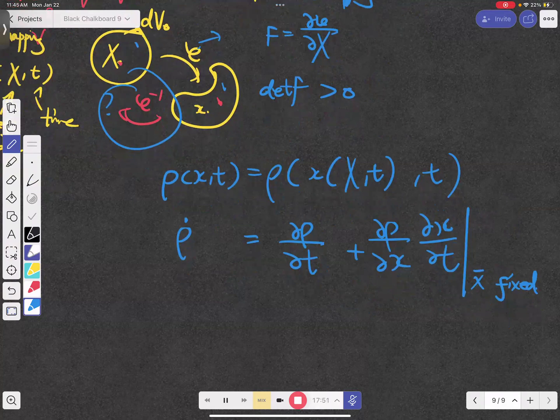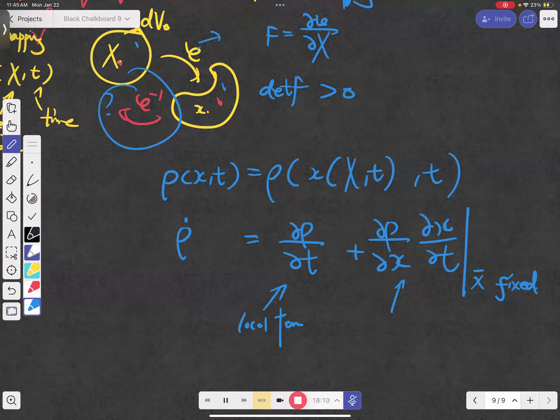Okay, and what would that be? This is the local term, and this is called the, what is the name of it? This would be the convection term, right?